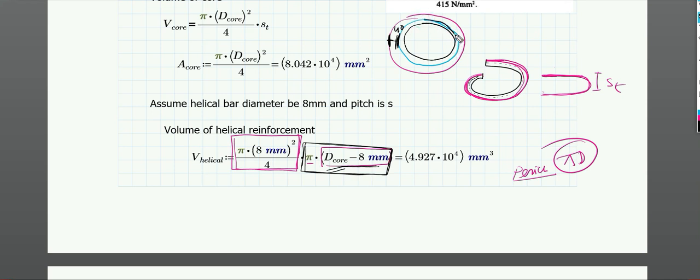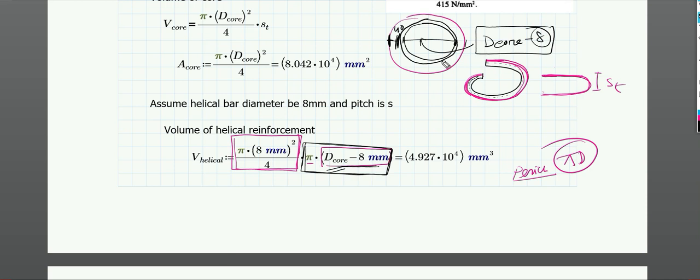Suppose this is the spiral, then from this center to this center is nothing but d core minus 8.